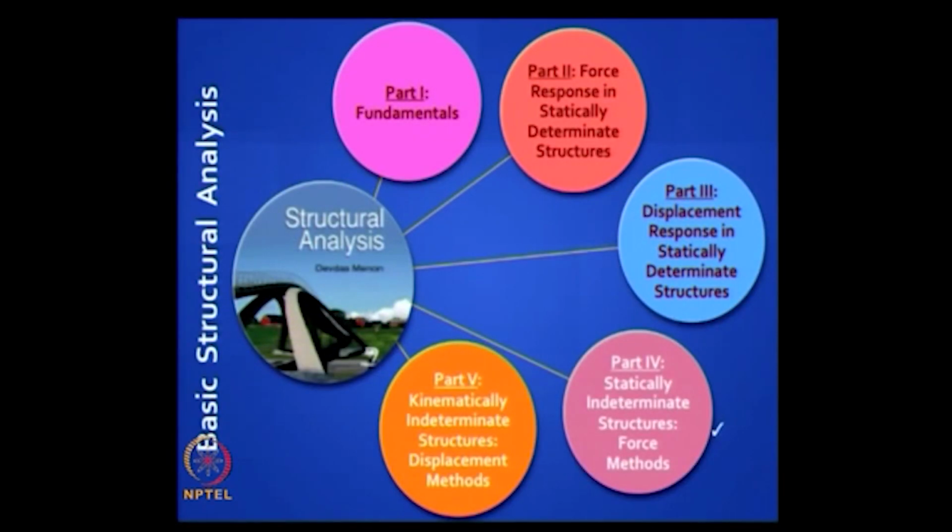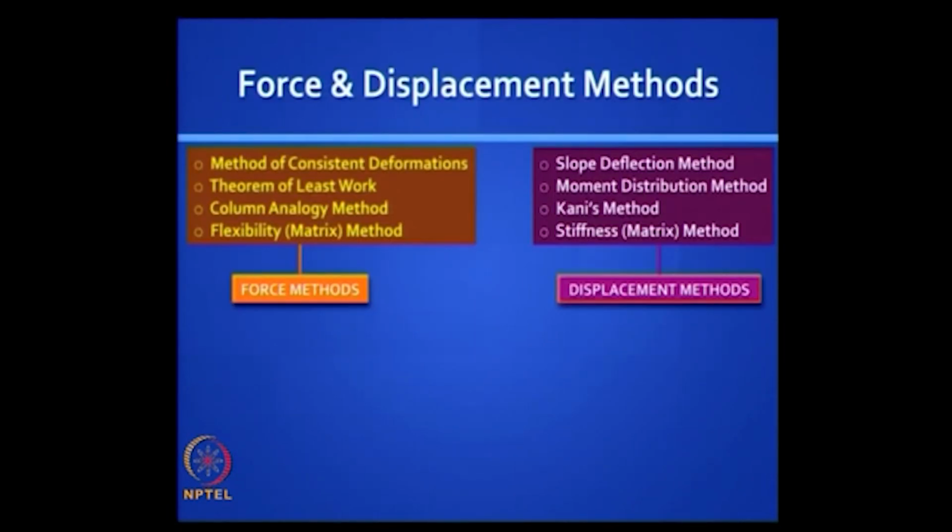As I mentioned earlier, we are going to refer to this book on structural analysis, part 4, statically indeterminate structures, force methods. You really have not had much exposure to displacement methods, but you have had some exposure to force methods.